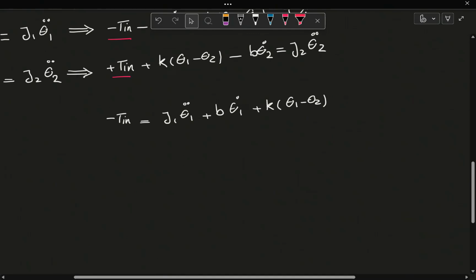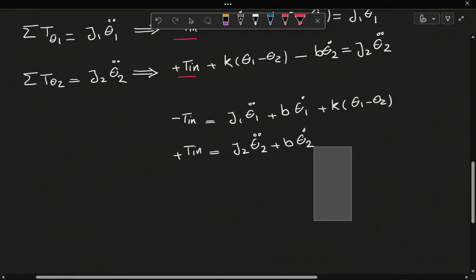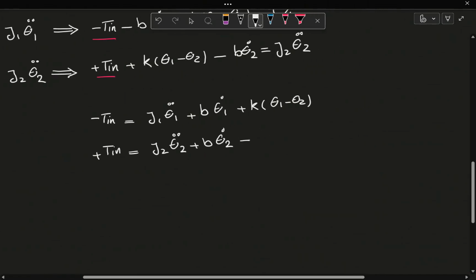Yes? And also positive Tn equals J2 theta 2 double dot plus B theta 2 dot minus K (theta 1 minus theta 2).